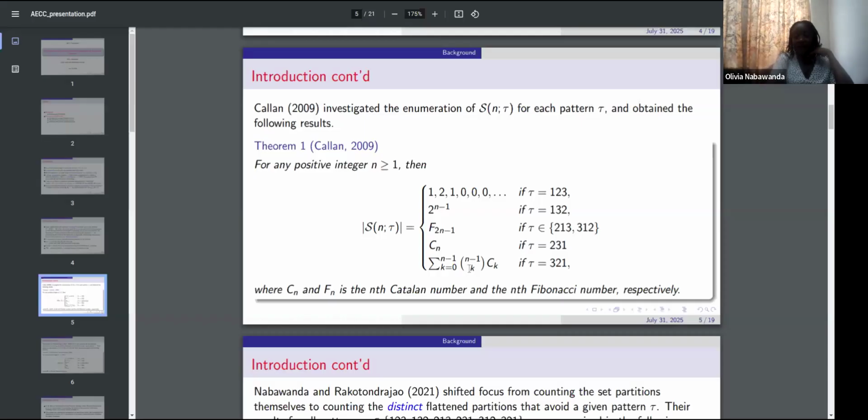And then for pattern 3, 2, 1, we had a Catalan number. So you realize that in our case here, we found that all those flattened partitions avoiding 2, 1, 3 and avoiding 3, 1, 2 still had the same counting sequence, which is a power of 2.